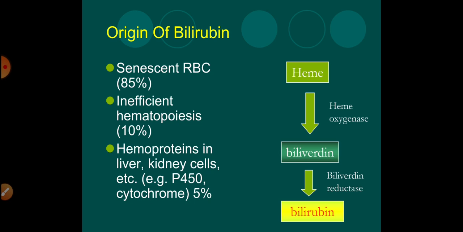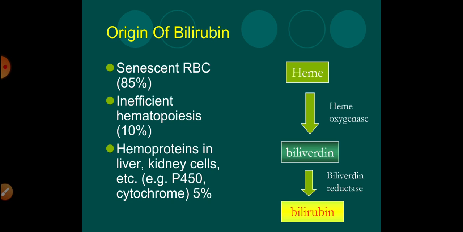Then coming to the origin and metabolism of bilirubin. 85% of the heme is derived from senescent RBCs. Once the RBCs have lived for 120 days, their normal lifespan, they are removed from the circulation by the mononuclear phagocytic cells, predominantly in the spleen.